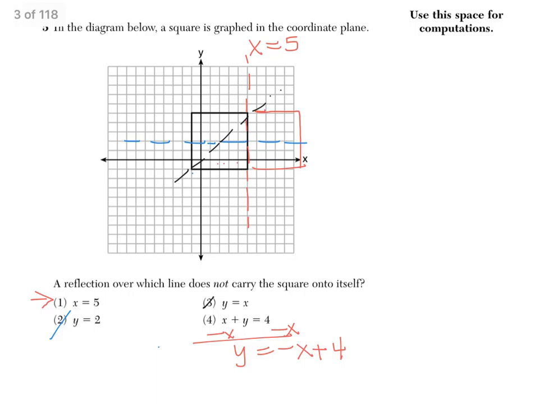I'm a little off there. Let me fix that. My y-intercept is 4, so 1, 2, 3, 4, down 1 over 1, down 1 over 1. I get this line here, and if I fold the square along that line, I would have it map onto itself, so the clear and obvious answer is, in fact, choice 1.